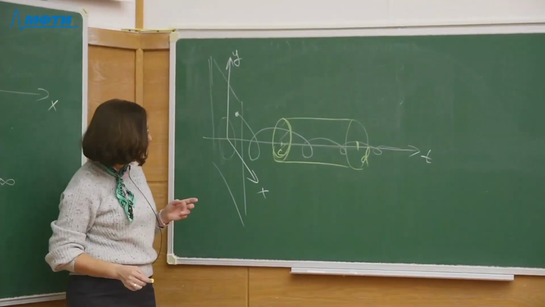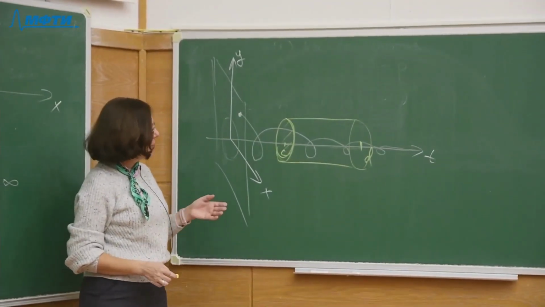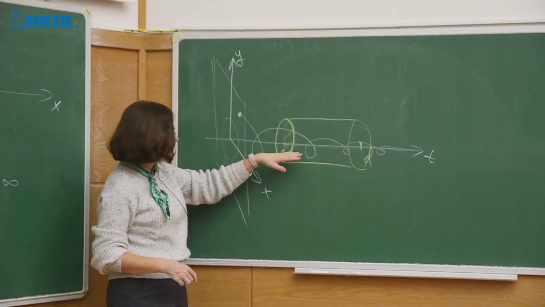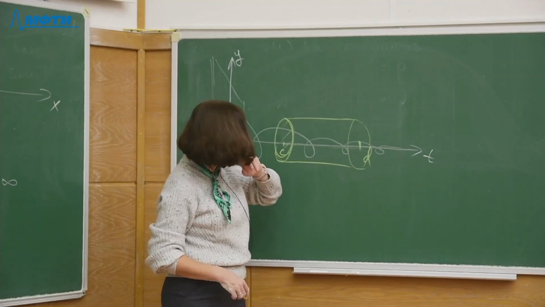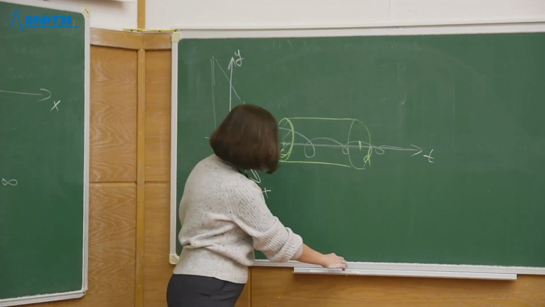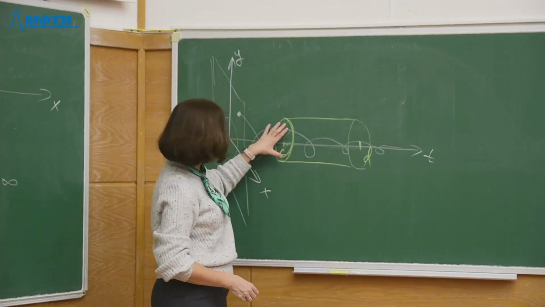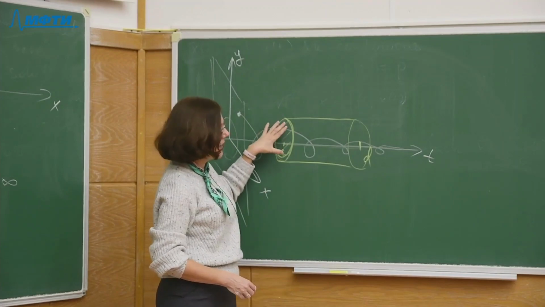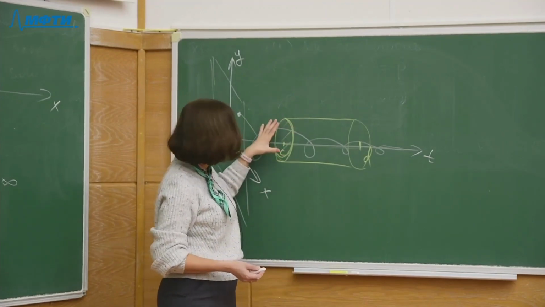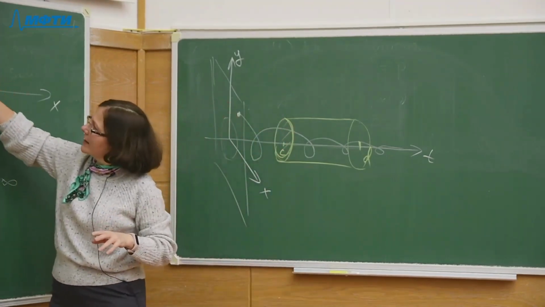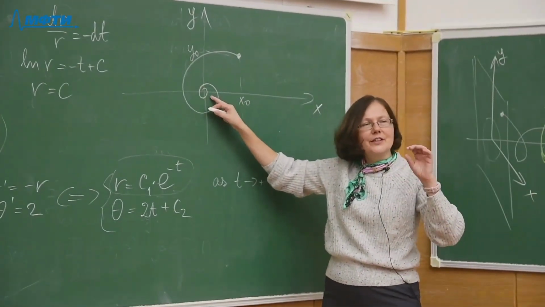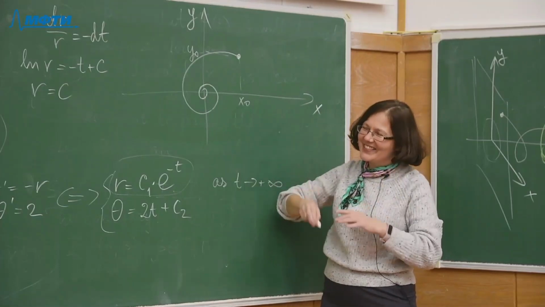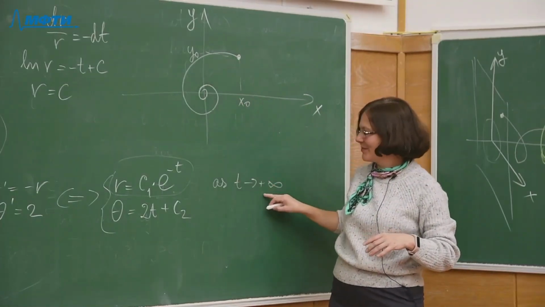By theorem 2, we know that our trajectory must leave this compact set. But if we take a radius large enough, then we can see that the radius is decreasing as t approaches infinity.